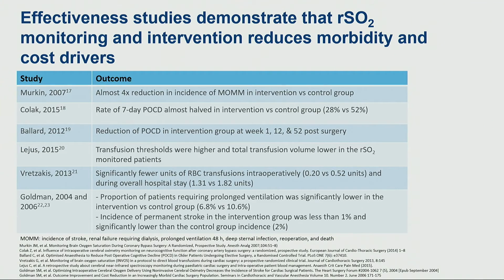We won't have the time today to go over every study, but yes, in the last 20 years or so, there has been retrospective data, propensity matched data, and also small pilot randomized trials that have shown the benefit of cerebral oxygenation monitoring in terms of organ system failure, postoperative cognitive function, number of RBC transfusions and transfusion thresholds, and also in strokes and neurological outcomes and length of stay with mechanical ventilation and so on.